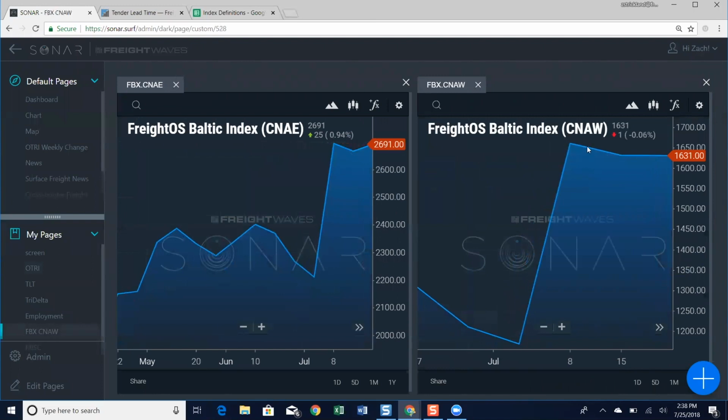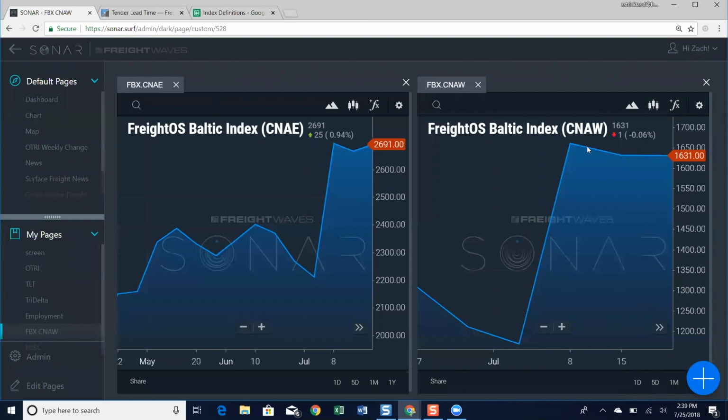Right as the Trump tariffs were kicked off July 3rd, shippers scrambled to push freight out into the ports to make sure they didn't get hit with more tariffs. Also, a little bit of carrier influence there, as some of these carriers limited their capacity and played the market a little bit. I believe 20% of the capacity from China to the North American West Coast is coming offline in August in front of the concerns over the trade.